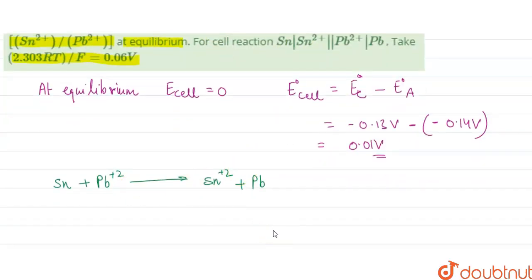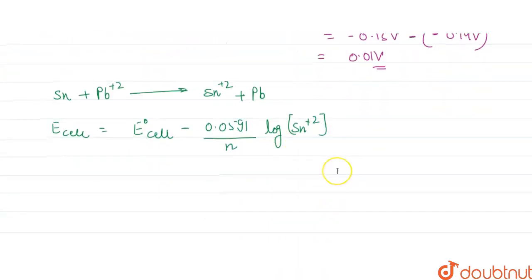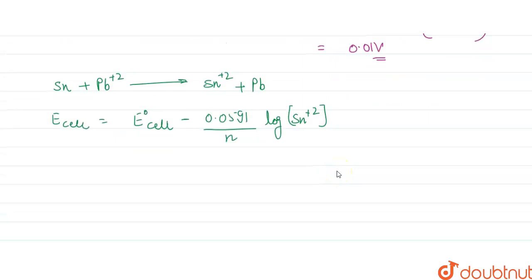Now E cell will be E naught cell minus 0.0591 upon n, log concentration of Sn2+ upon concentration of Pb2+.